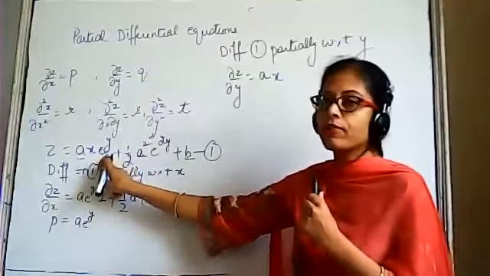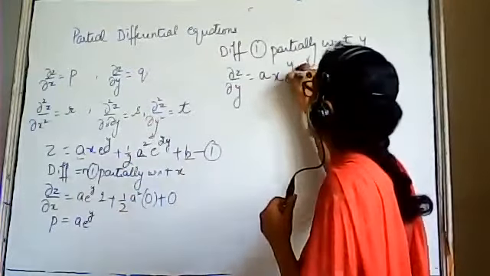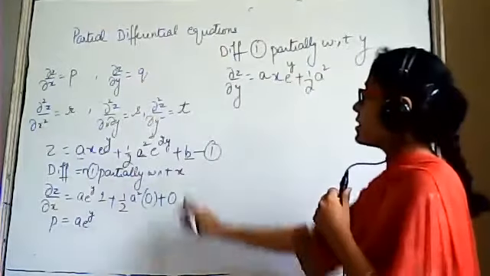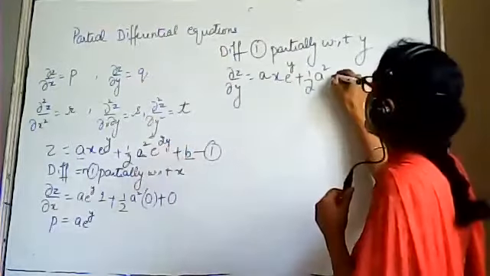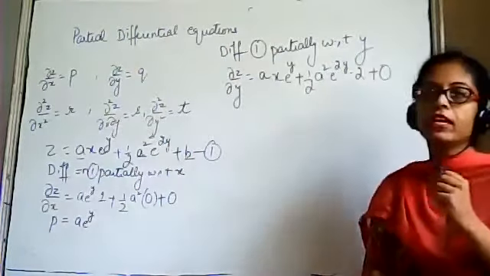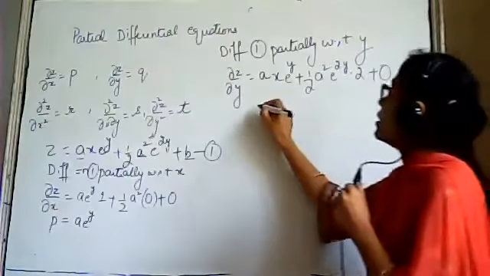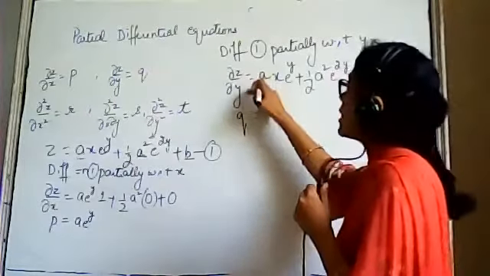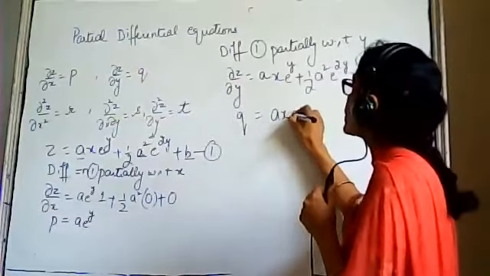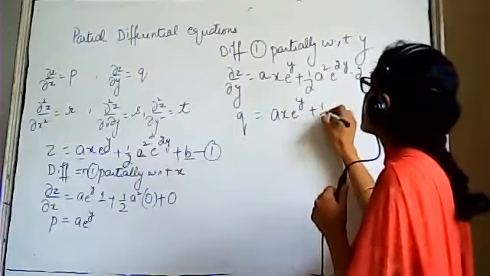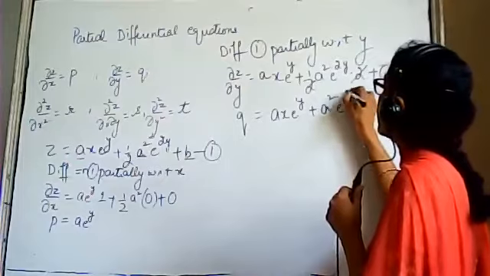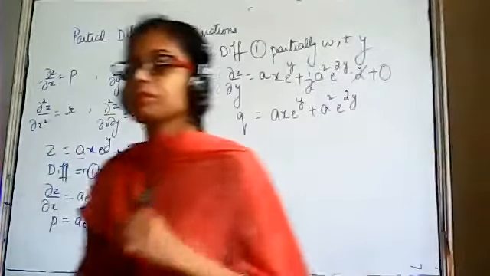Differentiation of e^y will be e^y, plus 1/2 a² will remain as it is. Differentiation of e^(2y) will be e^(2y) into 2, plus differentiation of b will be 0 as it is constant. So ∂z/∂y can be written as q equals a x e^y plus, this 2 and this 2 will be cancelled, we get a² e^(2y).